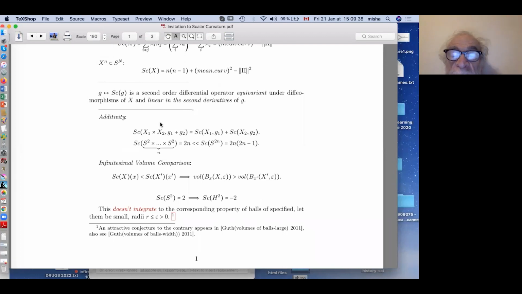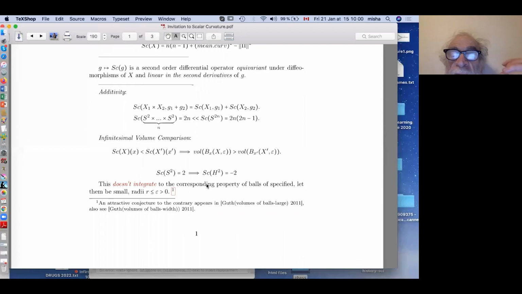But just from this property and additivity follows that the scalar curvature of H2 is -2. The hyperbolic plane has curvature -1, the sphere curvature 1. So knowing something in one dimension and additivity gives you something in a completely different world.